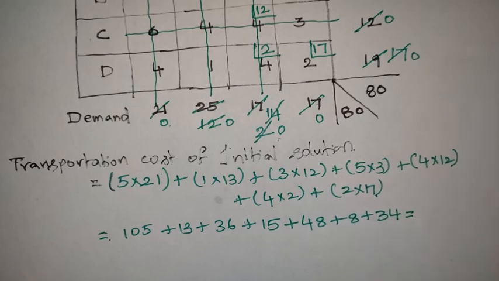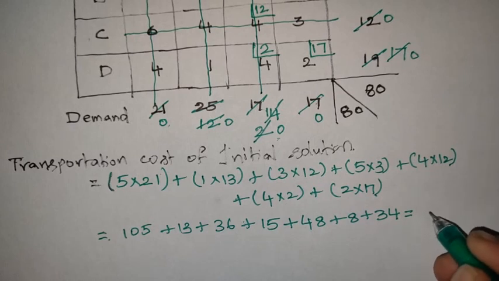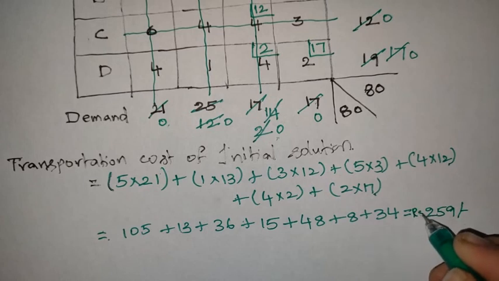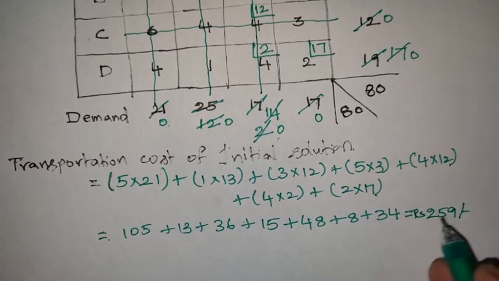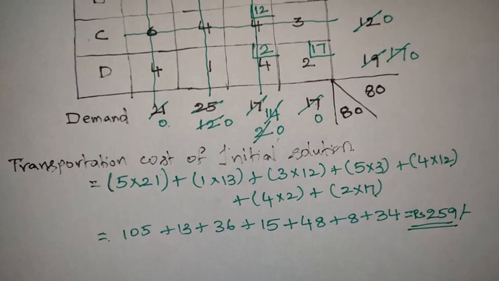It is equal to 259 rupees, right? So this one is the initial transportation cost if you solve it by the northwest corner cell method, right? So this is the simplest thing. I think you understand this problem, right? Thank you.